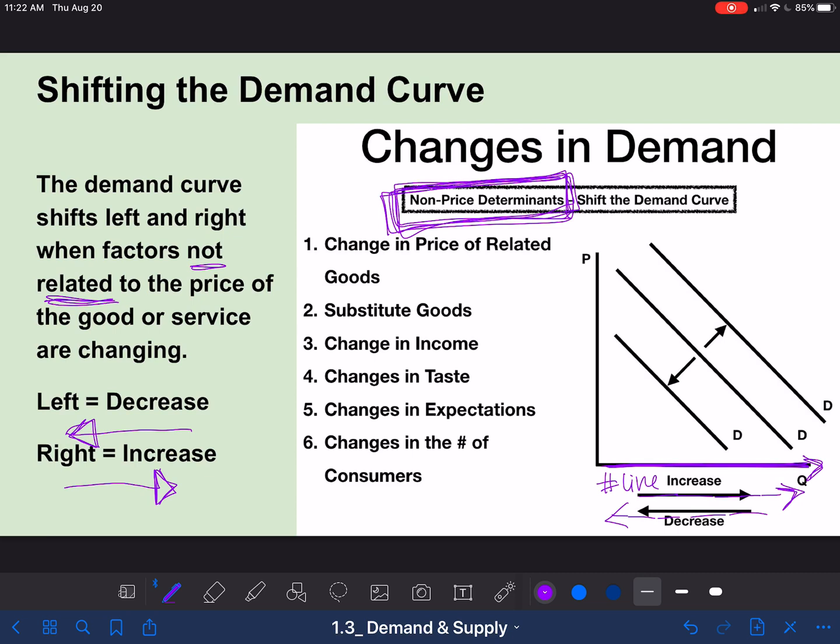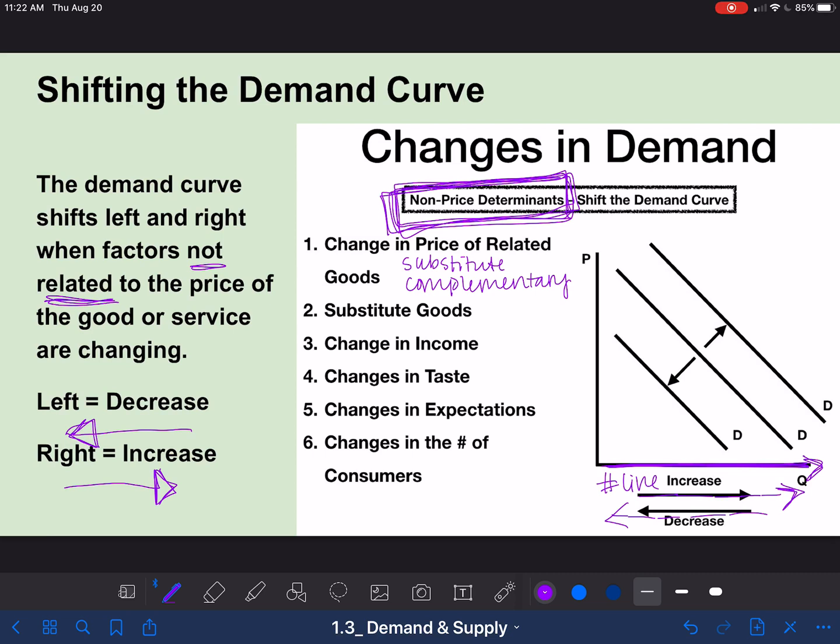Well, first could be a change in the price of a related good. So this could be because of a substitute good or a complementary good. A substitute good is something that we can switch out for one or another. So that would be like Apple products and then Android products.